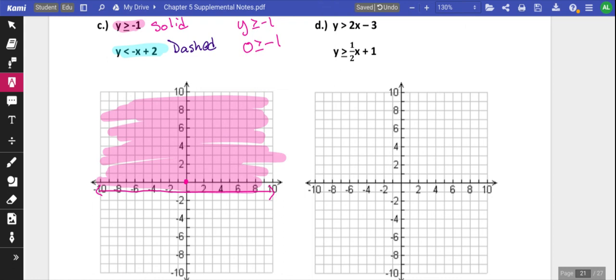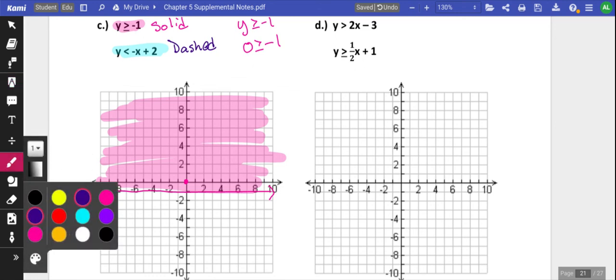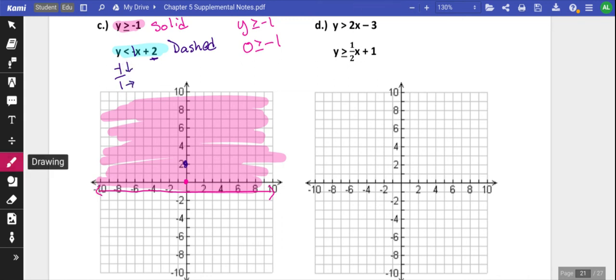Then let's get to this y. Y is less than -x plus 2. So 2 is our y-intercept. I've got a slope of -1, so I like to think of that as -1 over 1: down 1 and right 1.